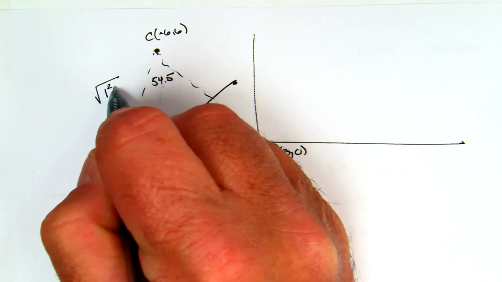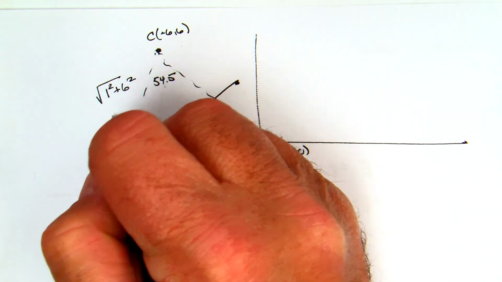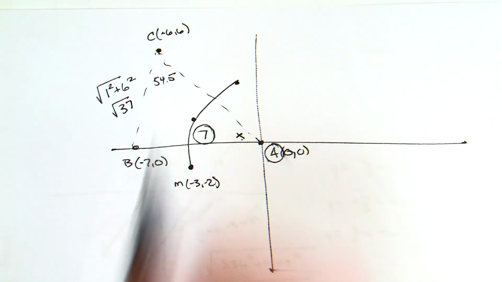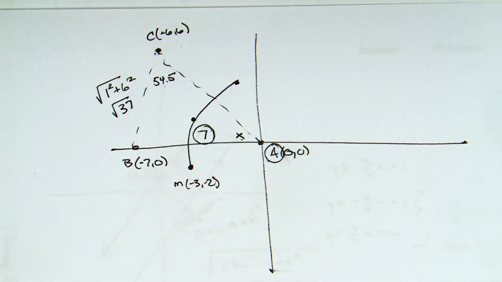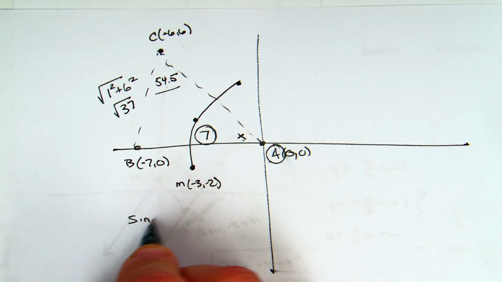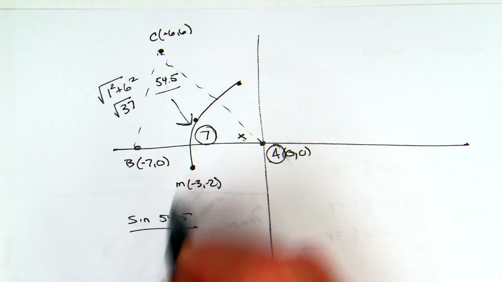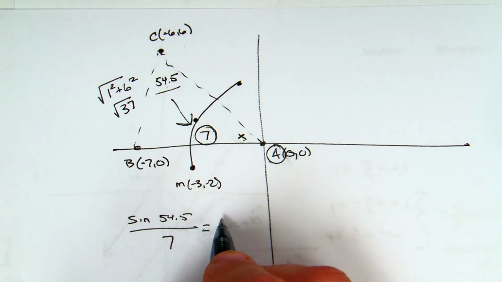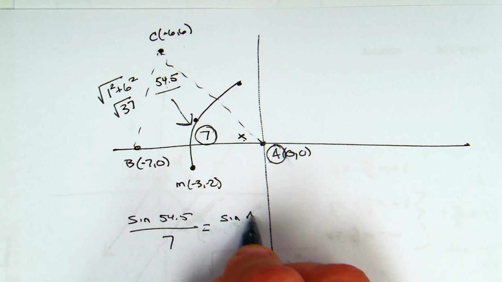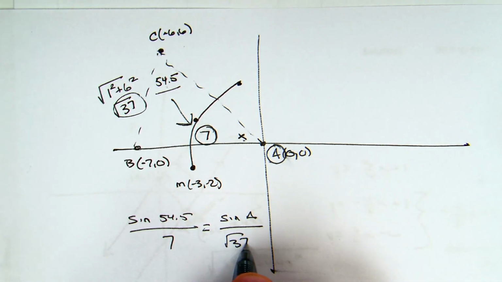So 1 squared plus 6 squared, because from 0 to 6 is 6. That gives me the square root of 37. Now I'm going to set it up using the law of sines. The sine of that angle, 54.5, over the opposite side, which is 7, equals the sine of angle A over its opposite side, which is the square root of 37.